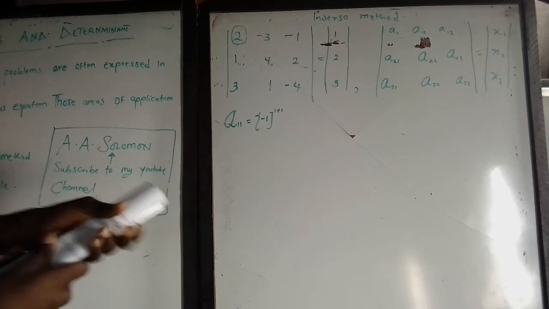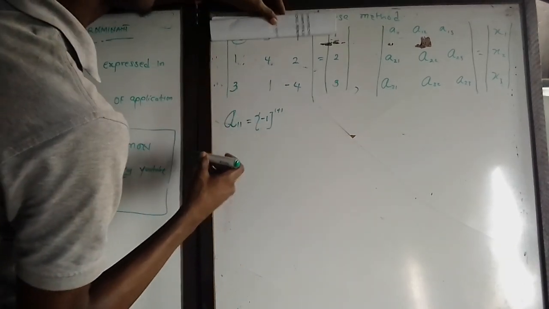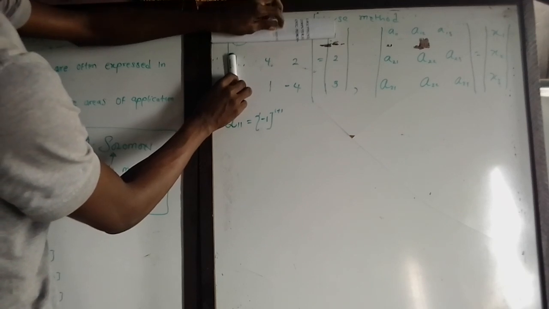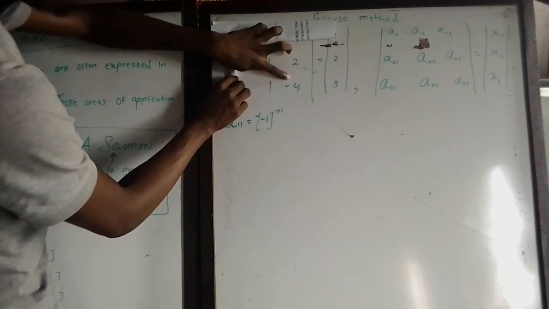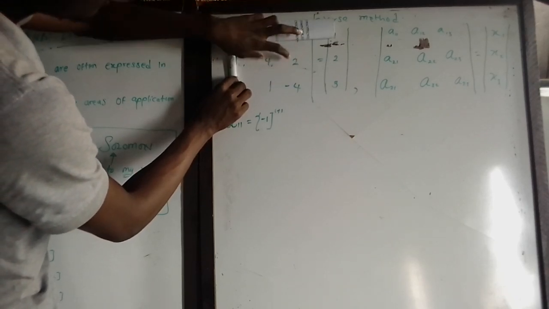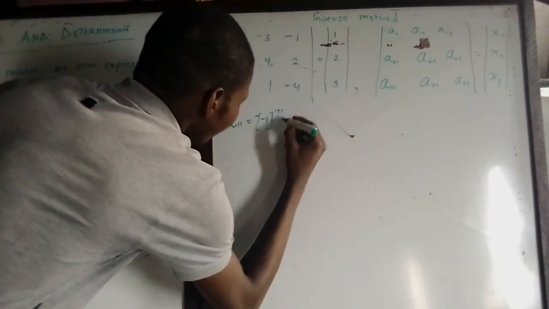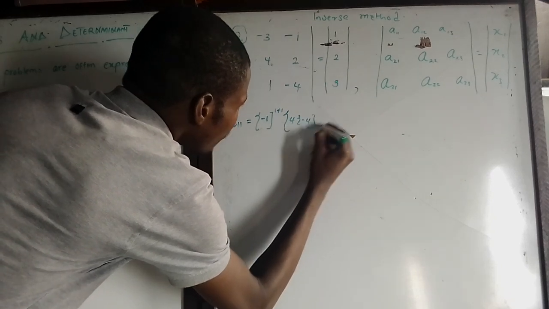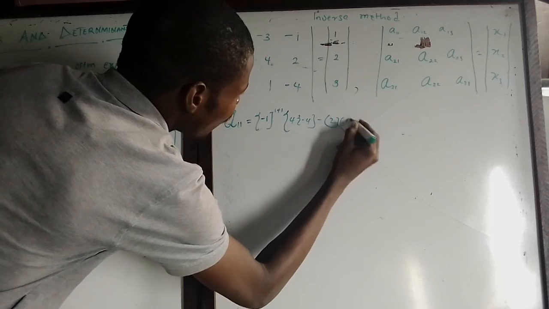So you have this. These 2 are affecting this. Now you understand. So what are we having left? We're having 4, 1, 2, and minus 4. Now this 4 times minus 4, then 2 times 1. So you are going to have, open bracket, 4 times minus 4, minus 2 times 1.